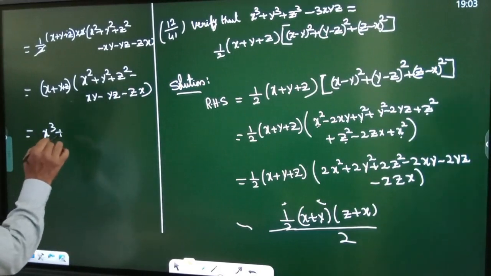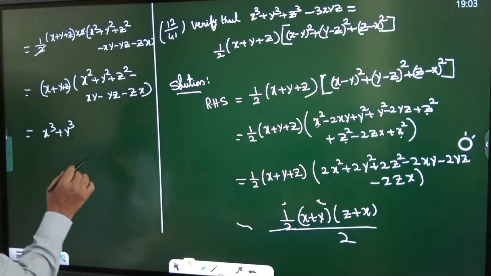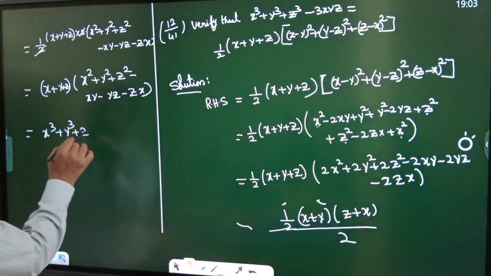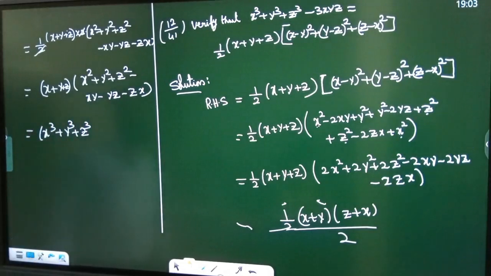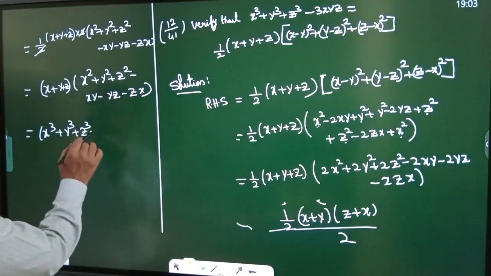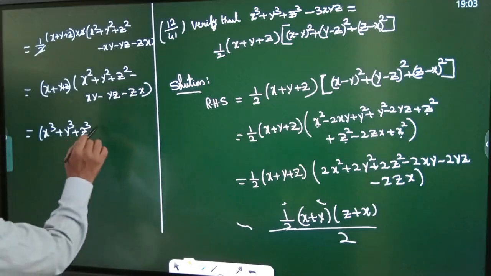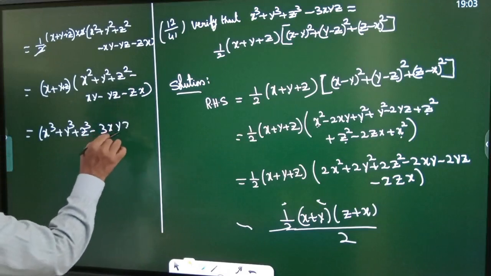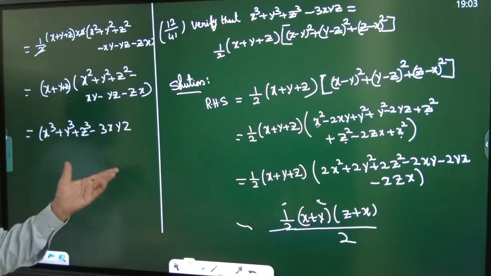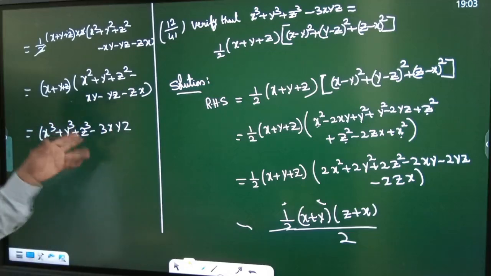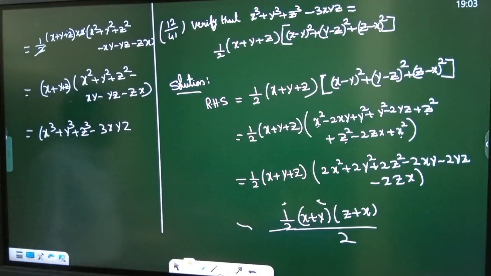So this is nothing but x cube plus y cube plus z cube minus 3xyz. If you multiply again, we'll get all that only. If you simplify this, take x with this, y with this one, there is no need for the right hand. This is equal to this. Already we know, by identity.